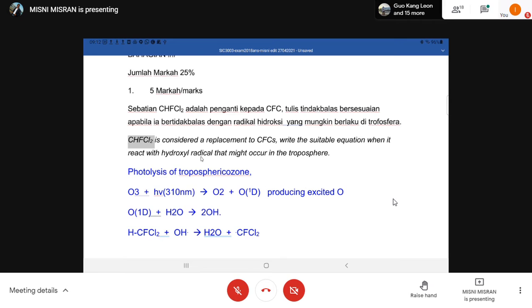You are given this, and it reacts with hydroxyl. Okay, it reacts with OH. And this is just one example because the question is to write a suitable equation when it reacts with hydroxyl. So you may have several others because this is an open reaction. The radical is not specific.